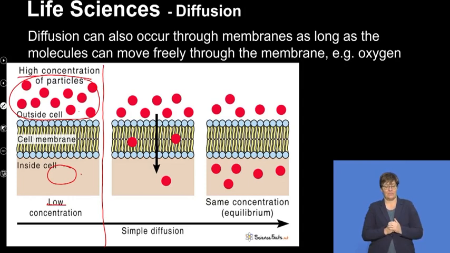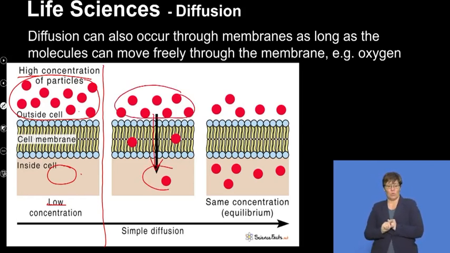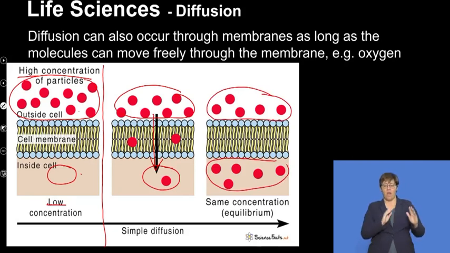What the particles then do is they move through the membrane from the high concentration to the low concentration. After time has passed, diffusion will stop because we have inside and outside the cell exactly the same concentration.